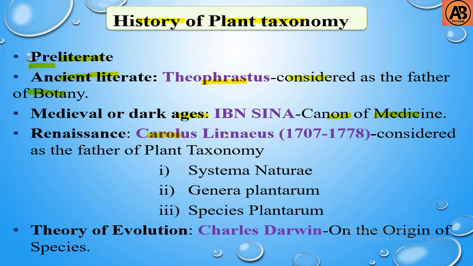Renaissance: Carolus Linnaeus is considered the father of plant taxonomy. Systema Naturae, Genera Plantarum, Species Plantarum. These are the creations of Carolus Linnaeus. Then theory of evolution: Charles Darwin, On the Origin of Species, provided the theory of evolution.